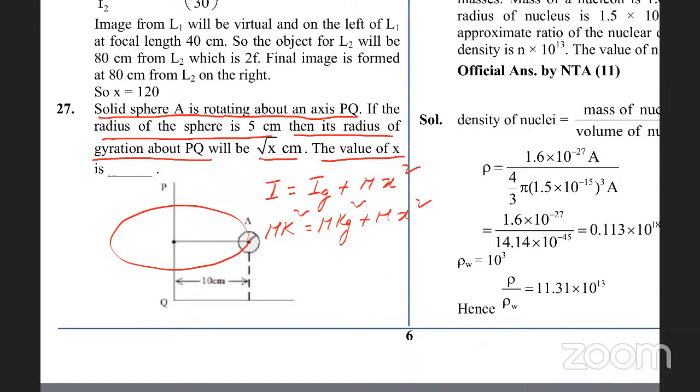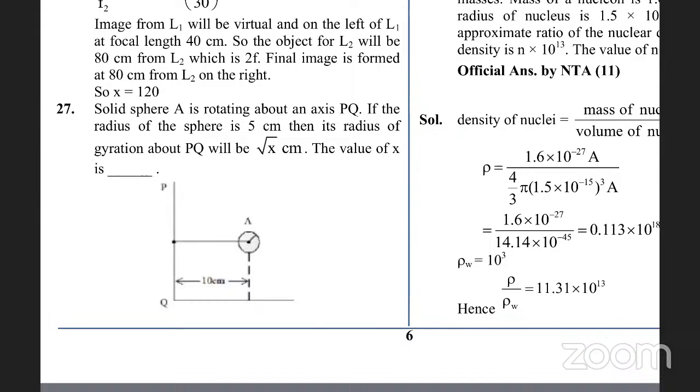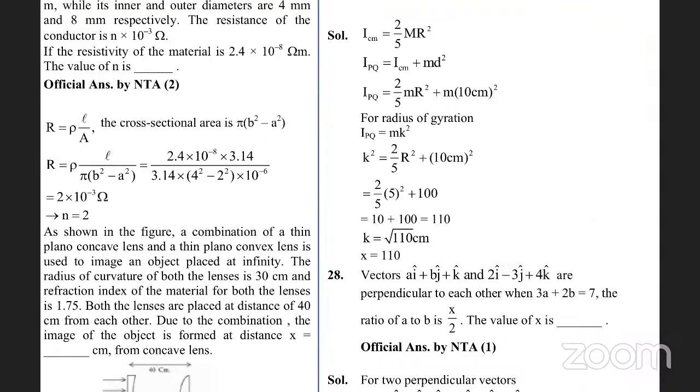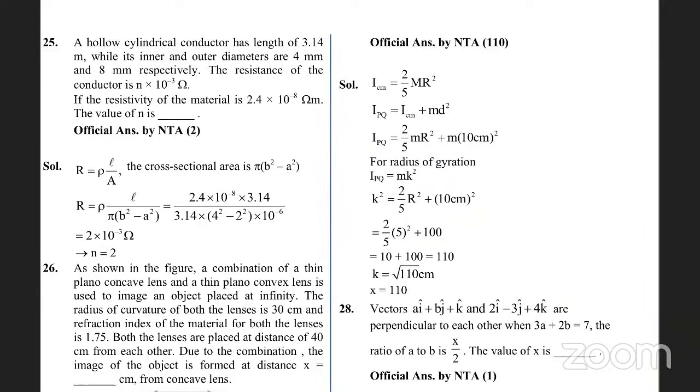Here k is the radius of gyration about the given axis, kg is the radius of gyration about its center of gravity, x is the distance between the two axes. So if you apply the parallel axis theorem, you will get x as 110 centimeter.